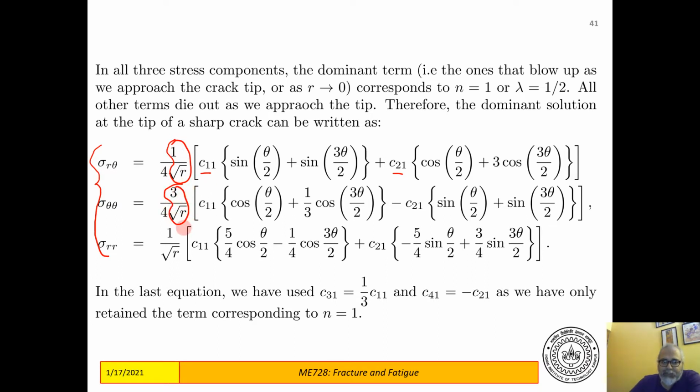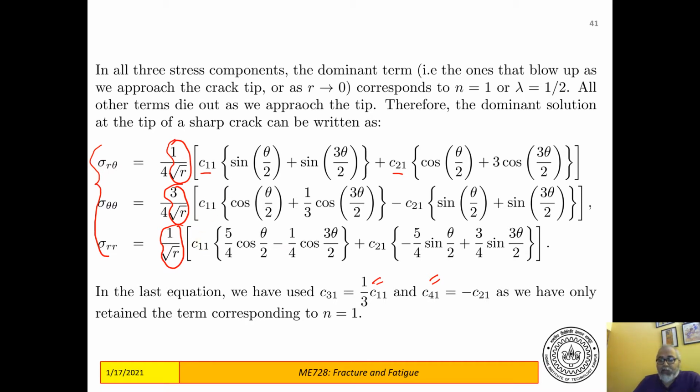This singularity exists for the dominant term, and we have used expressions valid for n equal to 1 to eliminate the constants. Remember, we have two independent constants and the other two constants are related to them. We have to use the relation for odd terms because n equal to 1 is odd. So these are the relations that we use. Using that, for the first term, these are the stresses in plane stress that we get.